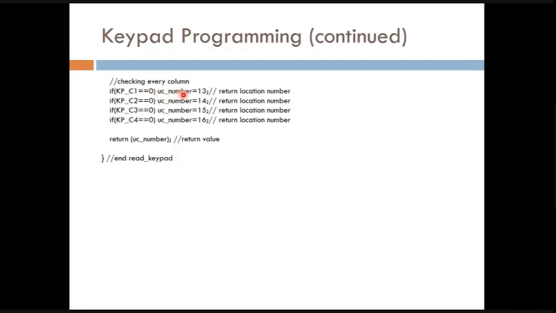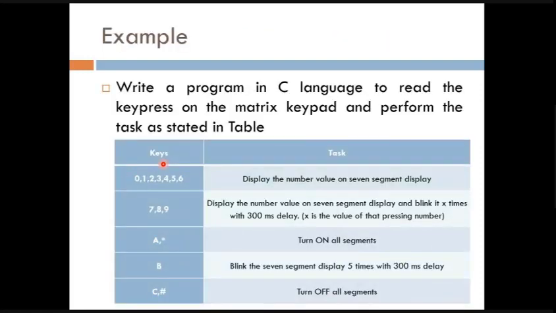For every column, when the condition is true, we put the return value into the variable UC_number. After you have completed, you return the number inside the UC_number variable, provided that a key is pressed. If no key is pressed, it returns nothing, because nothing is being pressed. So that concludes the scanning process of the read keypad.